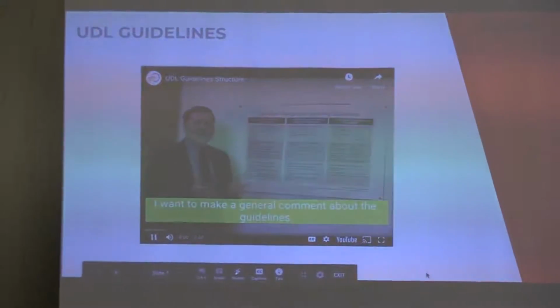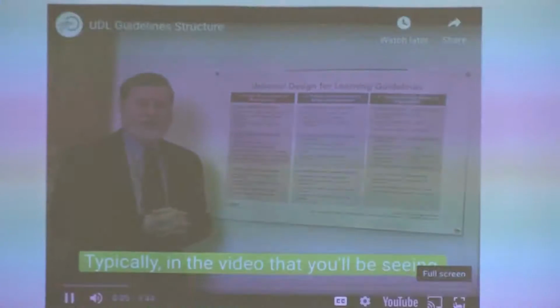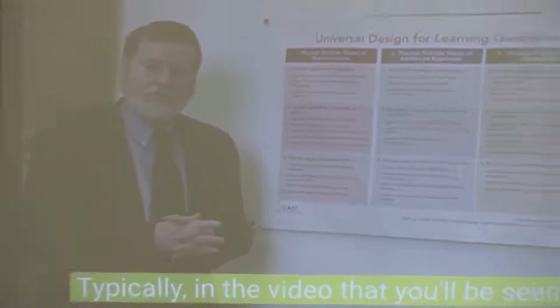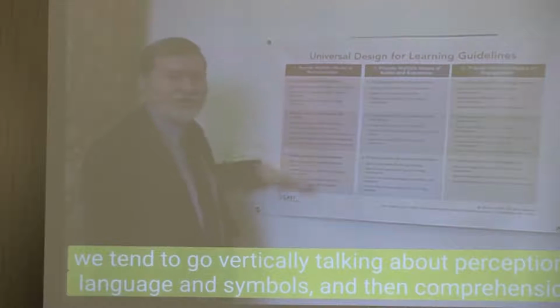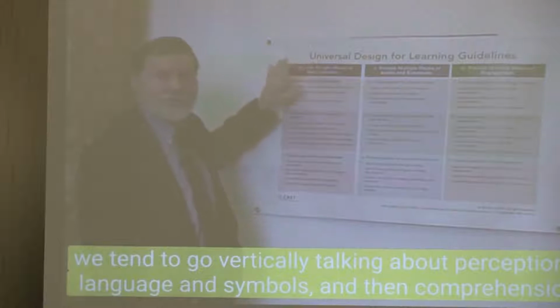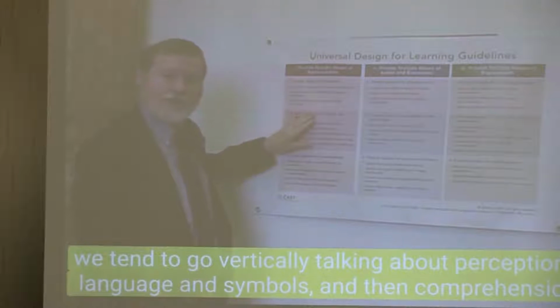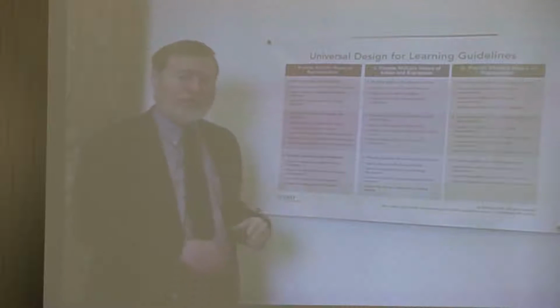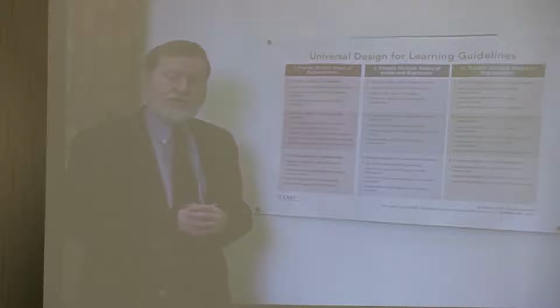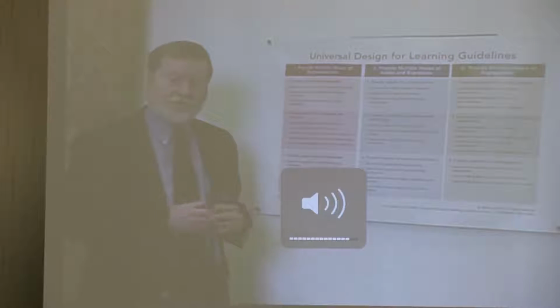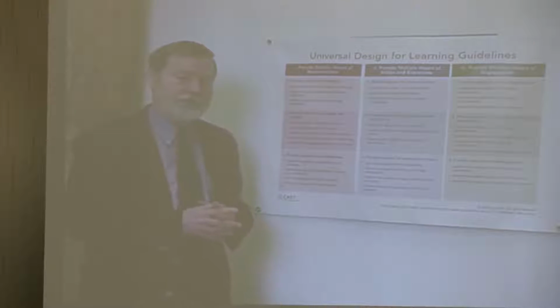I want to make a general comment about the guidelines. Typically, and in the video that you'll be seeing, we tend to go vertically, talking about perception, then language and symbols, and then comprehension. And it has a feeling of inching your way through the guidelines, through the checkpoints.